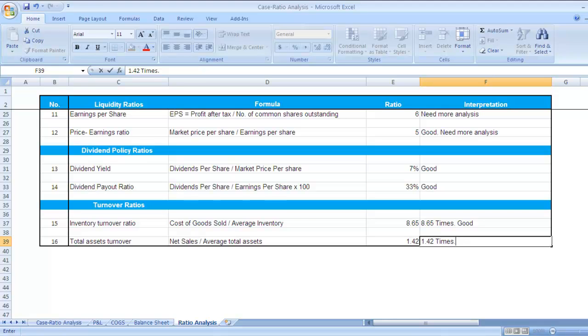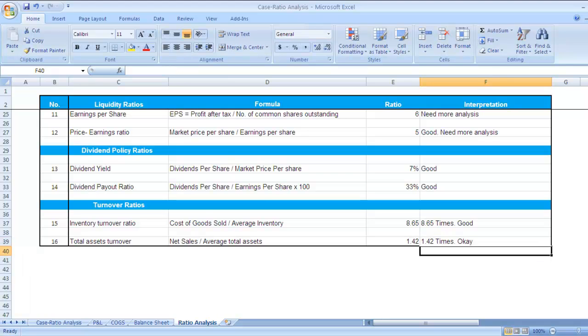Okay, so I would say it is okay, not great. Since it is only 1.42 times, every time the company invests 1 rupee in total assets, it will only generate 1.42 in net sales, which is again not good.